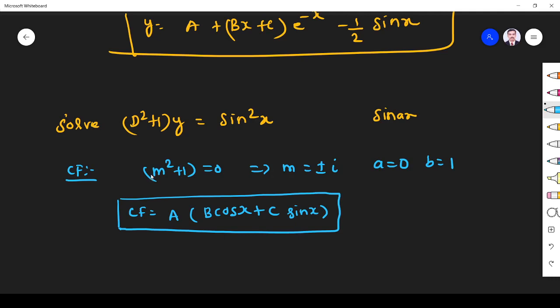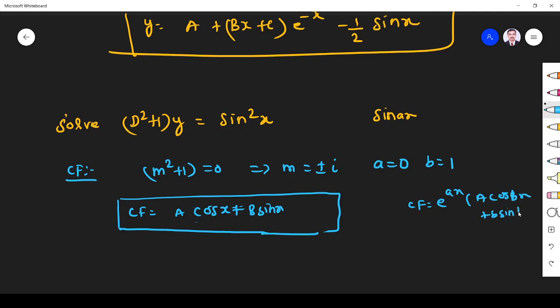The general format is e power ax (A cos bx plus B sin bx) when you have complex roots. Here a is 0, so e power 0 is 1, and b is 1.